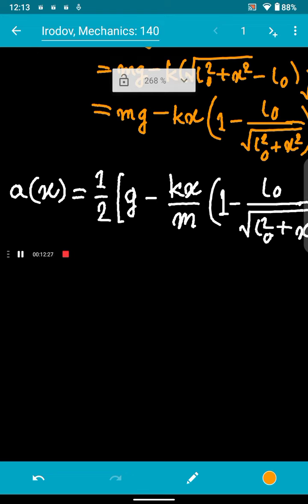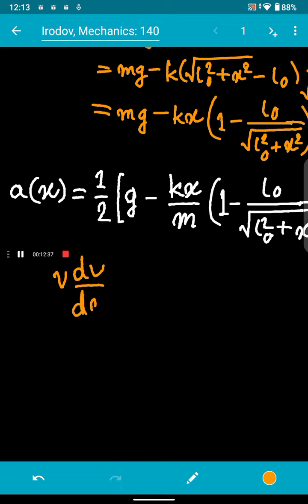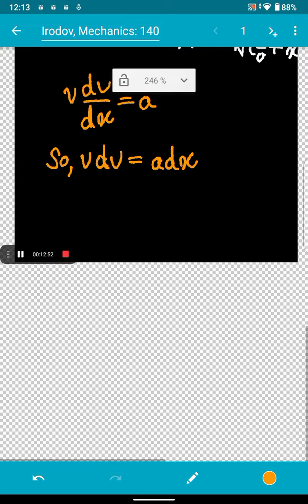You know that v into dv by dx gives acceleration. So v into dv will be a dx, and now we can put the limits and integrate.